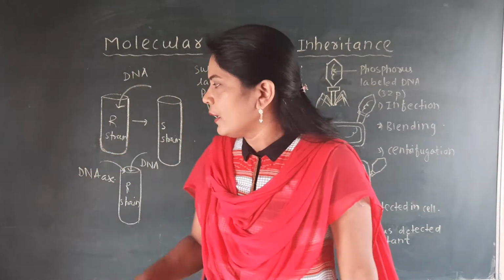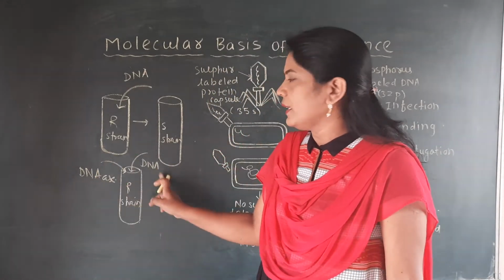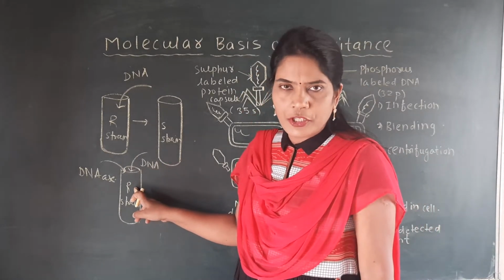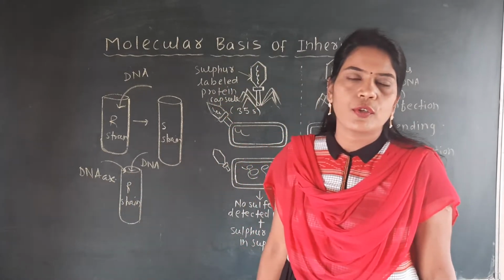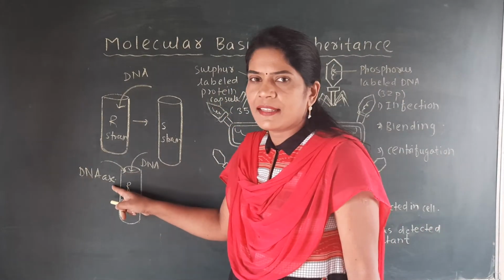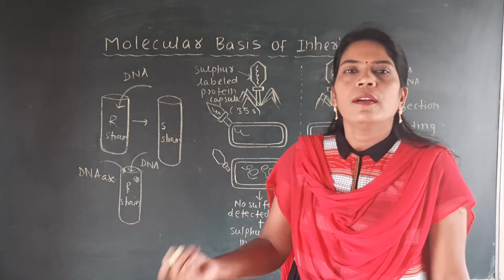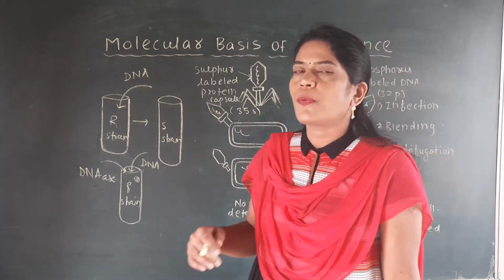As I told you, the role of the DNase enzyme is that it digests the DNA. When this DNA is kept in the test tube and DNase enzyme is also added, this DNase enzyme digests the DNA which is placed in that test tube from the dead S strain.